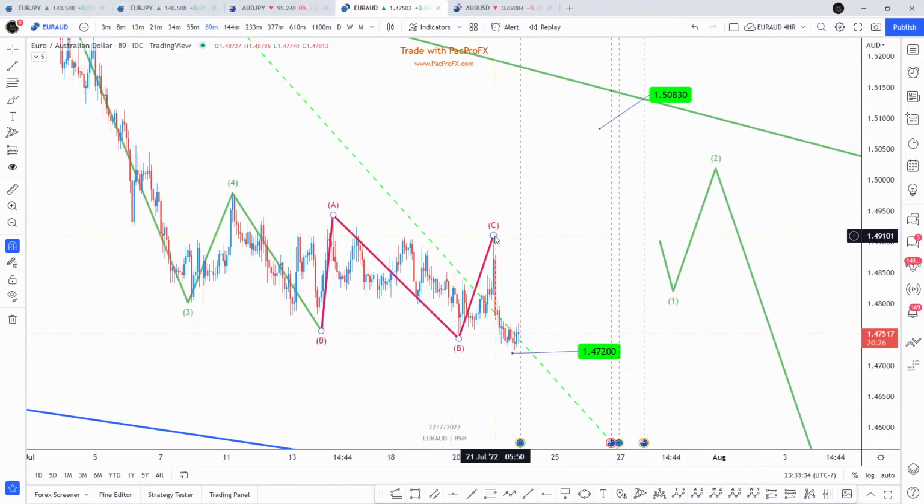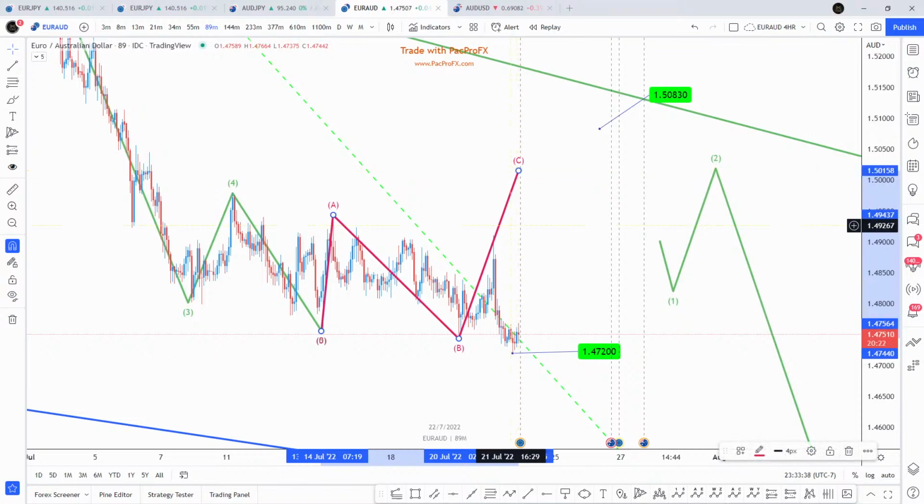I would expect the C wave to have pulled up to here, a little bit past the 4th wave in the first section, above 4. But because the euro is so weak and the Aussie is strong, it doesn't have to. But this one here, it makes sense that that was the end of C, even though it's kind of below this one. So it might be moving closer down.